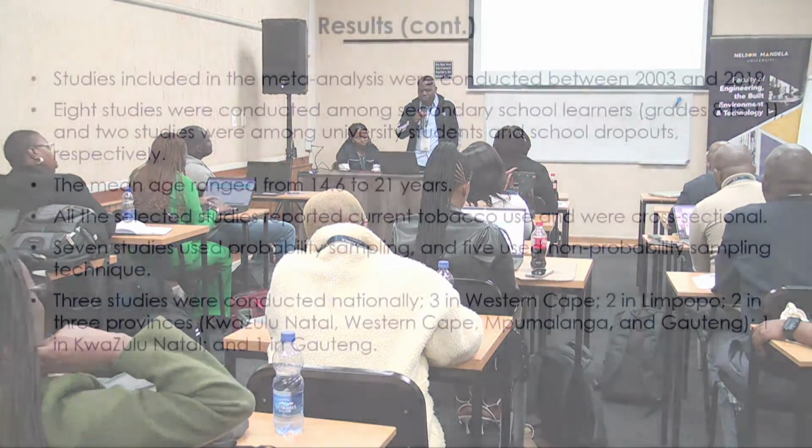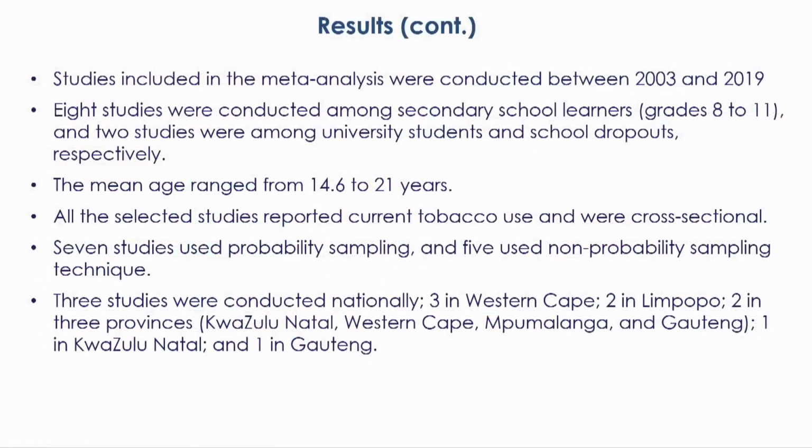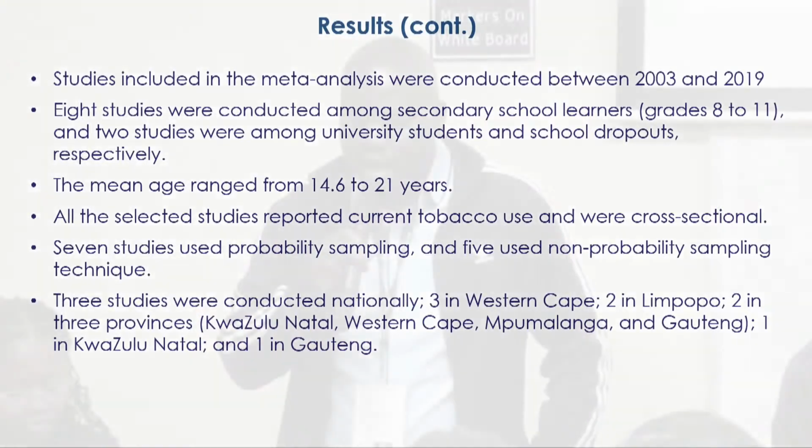Studies included in the meta-analysis were conducted between 2003 and 2019, and 8 studies were conducted among secondary school learners doing grade 8 to grade 11, 2 studies were among university students, and 1 study was among school dropouts, respectively.